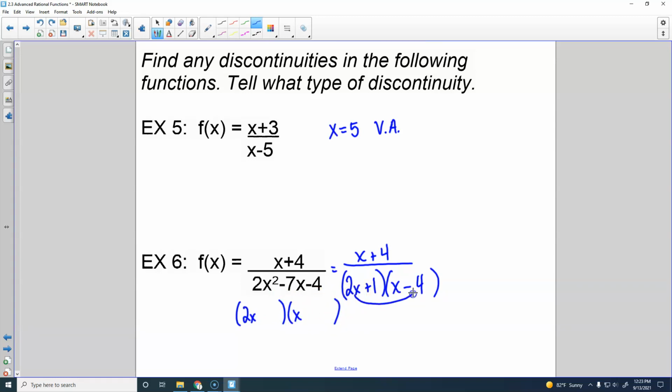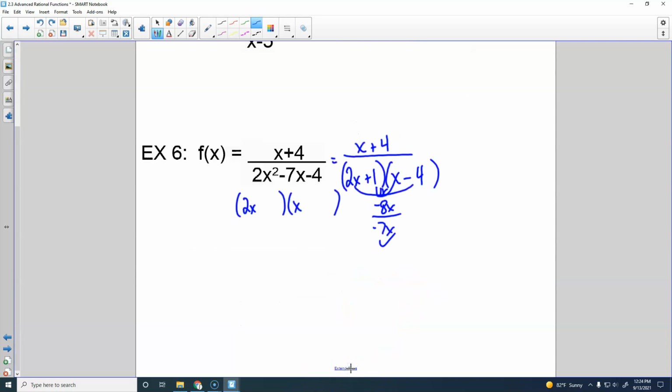But here you're getting negative 8x, positive 1x, which gives you negative 7x in the middle there. So that is factored correctly. So, for that one, let's see, Josie, where are we going to have discontinuities?